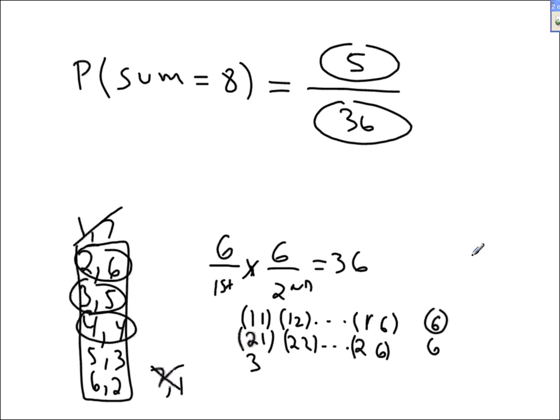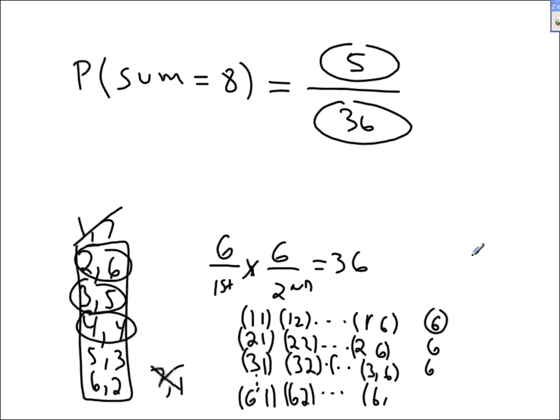Of course, you can have 3 first, and then a 1, and 3, and a 2, all the way up to 3, and then a 6. Well, that's 6. But we can do this all the way to 6 being first: 6, and then a 1, 6, and then a 2, all the way up to 6 and a 6. Well, there are 6 6s.